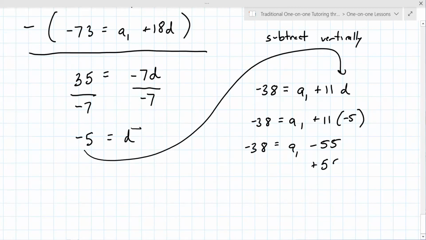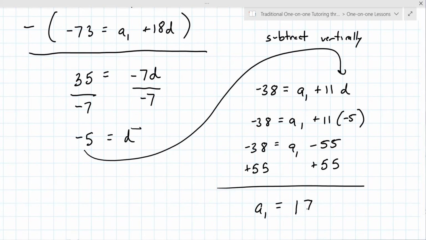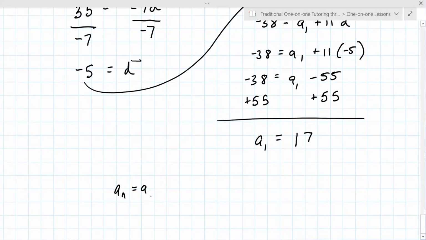Then you add 55 to both sides, and you get a1 equals, in this case, 17. So in terms of our answer, an equals a1 plus n minus 1 times d. A1 is 17 plus n minus 1 times minus 5.